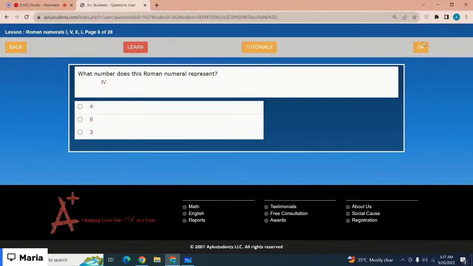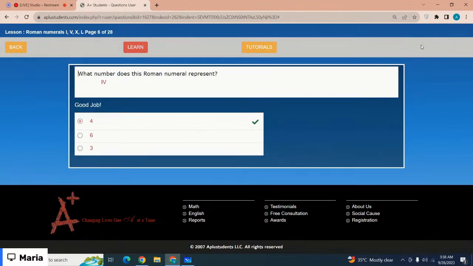Okay, the next one is what number does this Roman numeral represent? Which is the correct option? Yes, that is 4. I is before the V. V is for 5, and I before it means you have one less, so that would be 4.